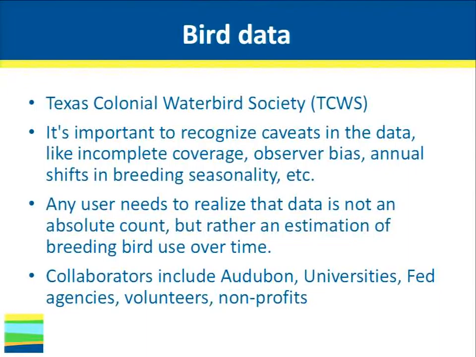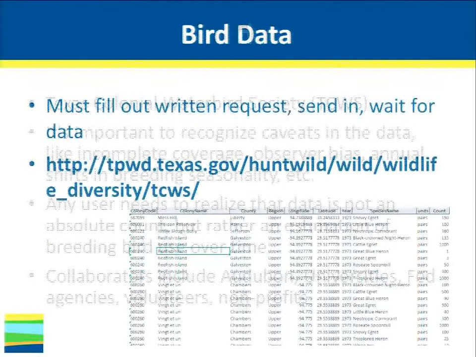They observe and they count and they do a good job, but we need to recognize the caveats in the data, that it has observer bias, it's incomplete coverage, et cetera, et cetera. It's not necessarily an absolute count, but an estimation of birds over time. And some of the collaborators include the Audubon Society, several universities, federal agencies, volunteers, and nonprofits.